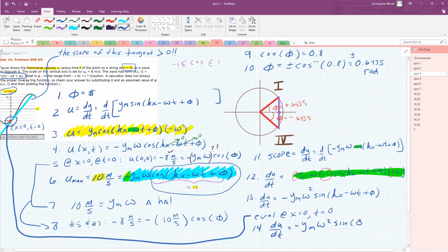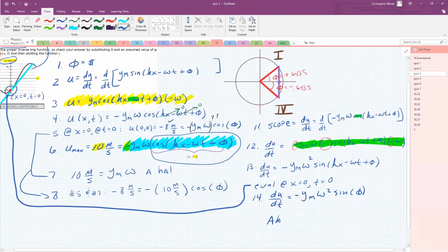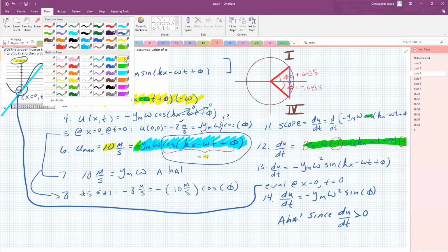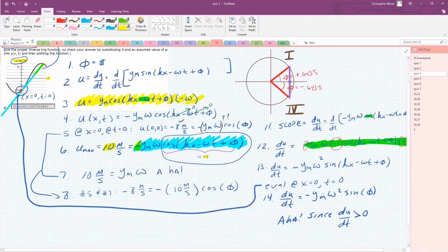And then finally, the aha moment. Since the slope is positive, since du dt must be greater than 0, because look where I drew the slope. Here's my slope, the slope of the tangent line right at that red dot.